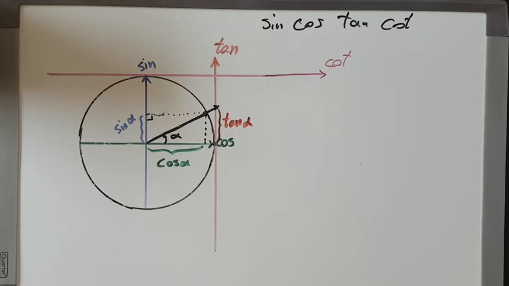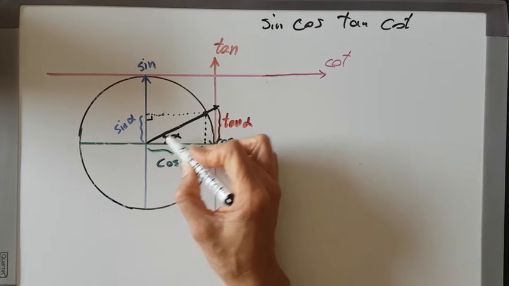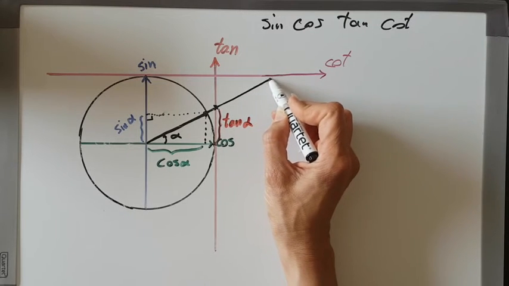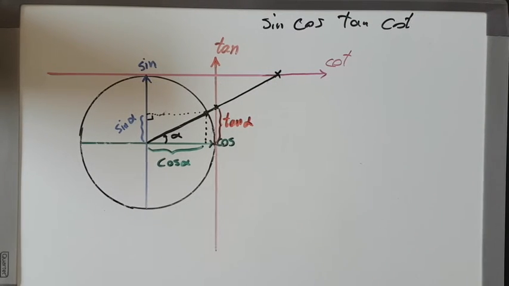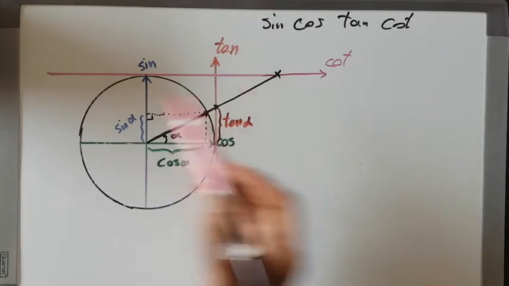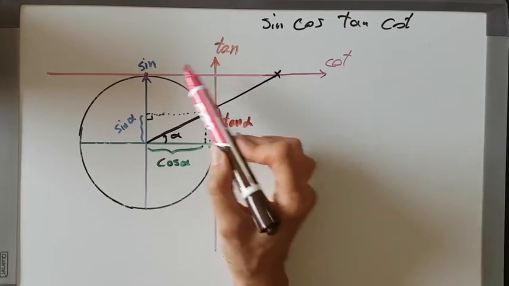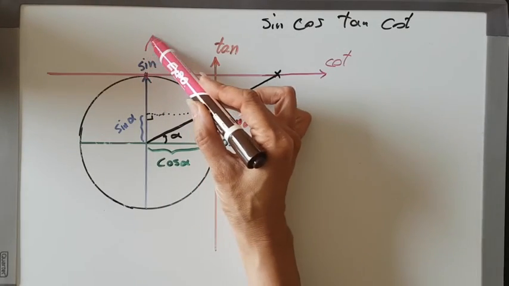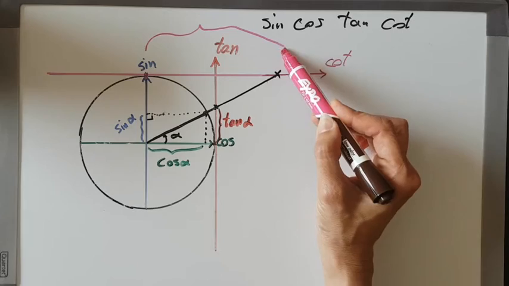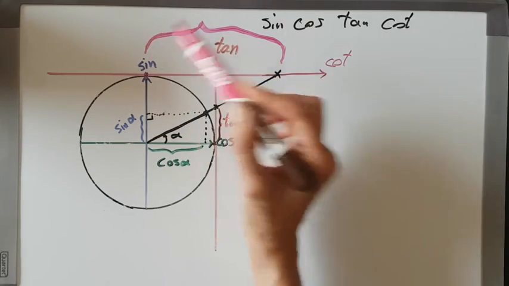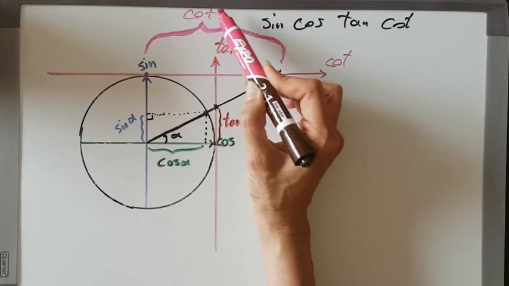And as I continue this angle, just like I did for the tan, wherever it meets the cotan axis, from the origin of this axis, which is here, of course this is the positive, this is negative, it starts and goes from here to here, this would be the cotan of this alpha.